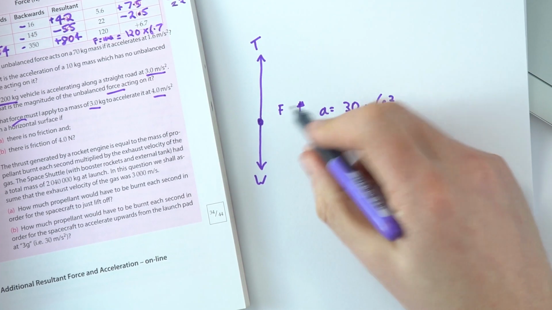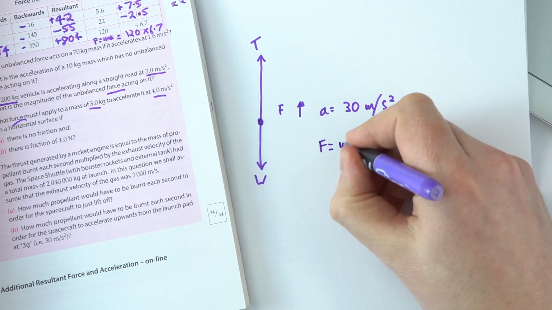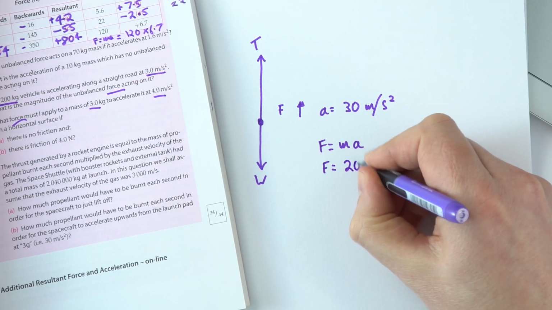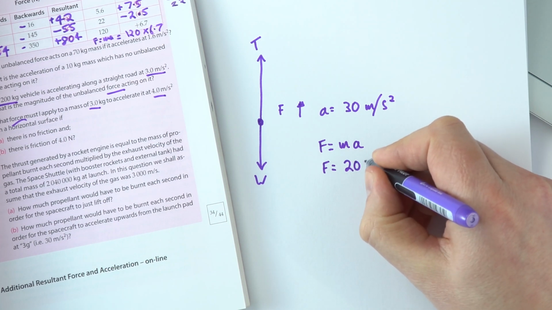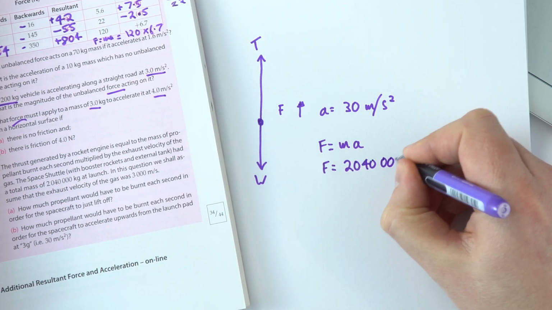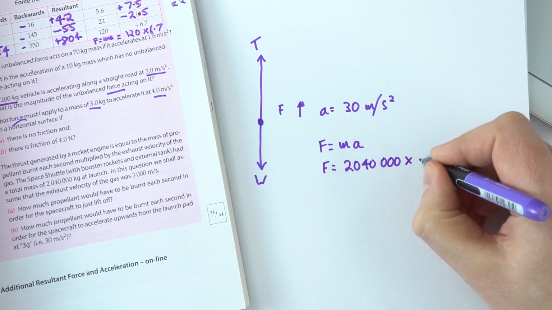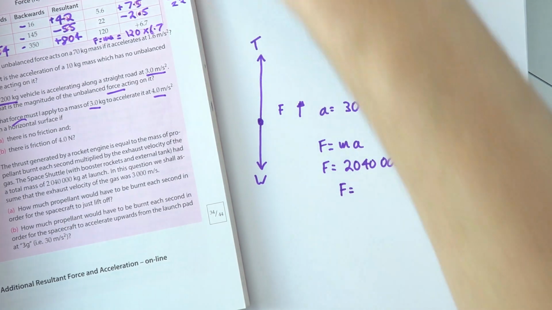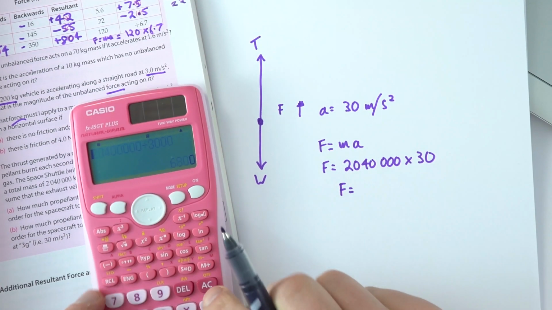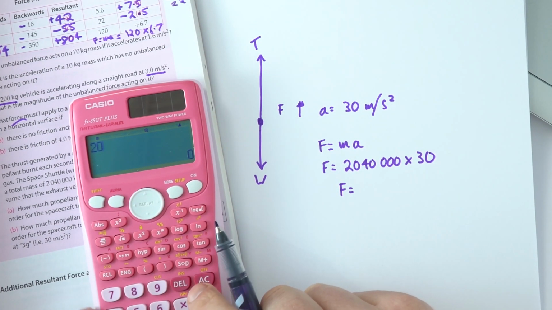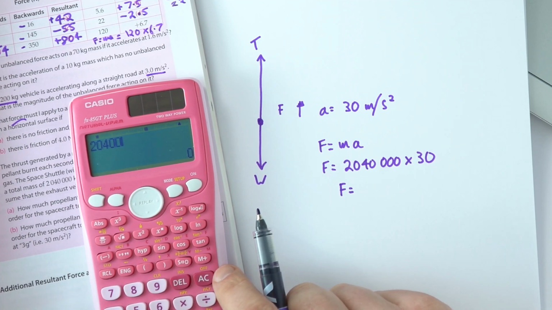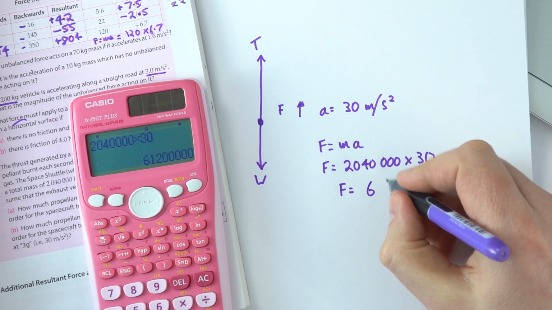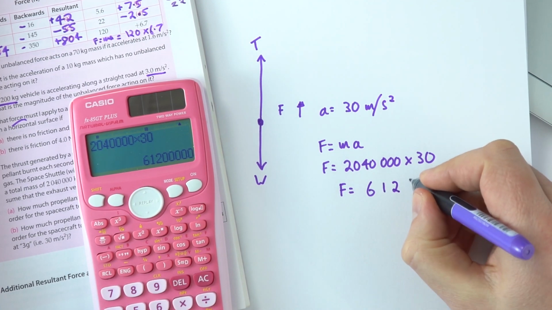So to work out the force, force is equal to the mass times acceleration. Now the mass of that rocket is 2,040,000 kilograms times this value of acceleration of 30. So the resultant force has to be, it's going to be pretty big, so it's 2,040,000 times 30, 61,200,000.